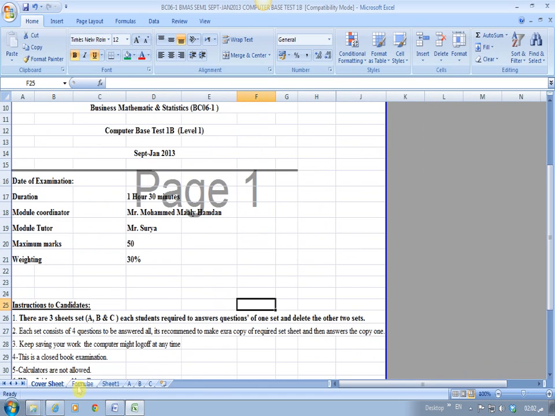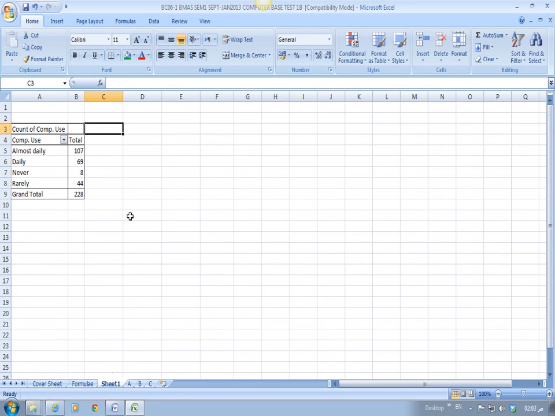After that, in the same question, it asks you to calculate the percent frequency. So we need to calculate the percent frequency, and here we write percent frequency. The percent frequency is to divide the frequency by the total. It means that I want to calculate the first one: divide 107 by 228, and then 69 by 228, and 8, and so on.